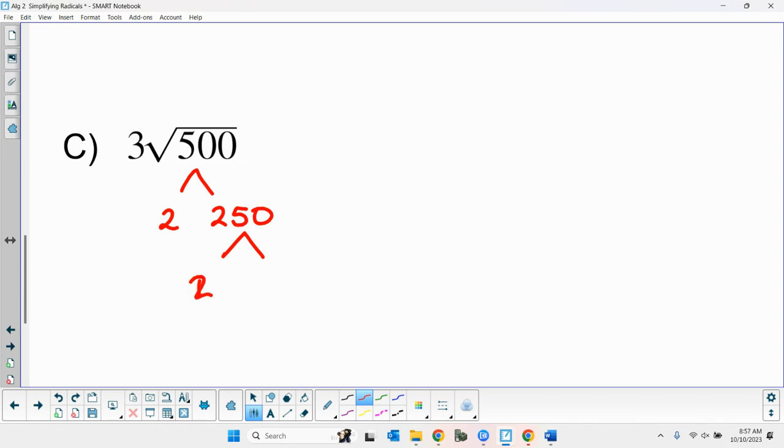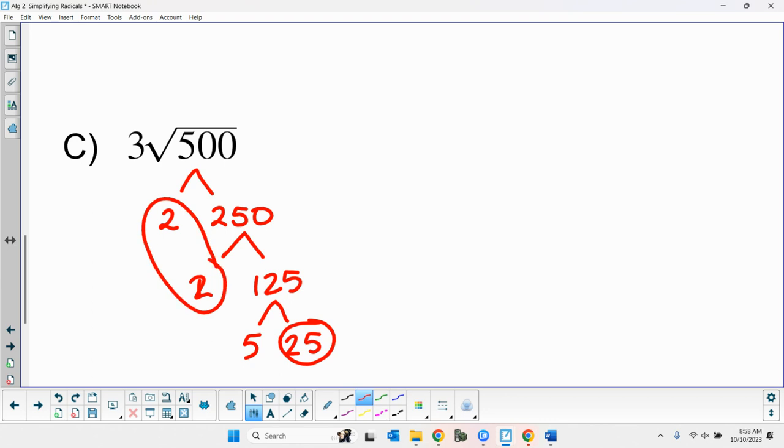I'll put a 2 here. 25. 25 and 5. Okay. I would stop there because we all know 25 is what type of number? Perfect square, right? So I'd circle it. And then I'd circle these because there's 2 of them.